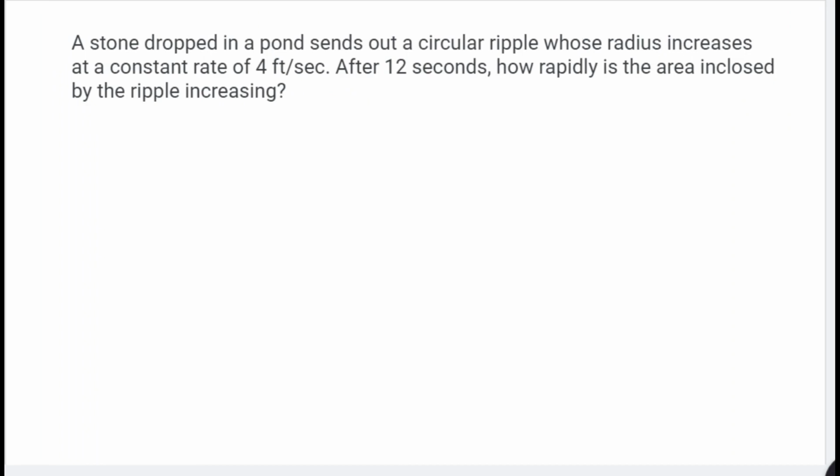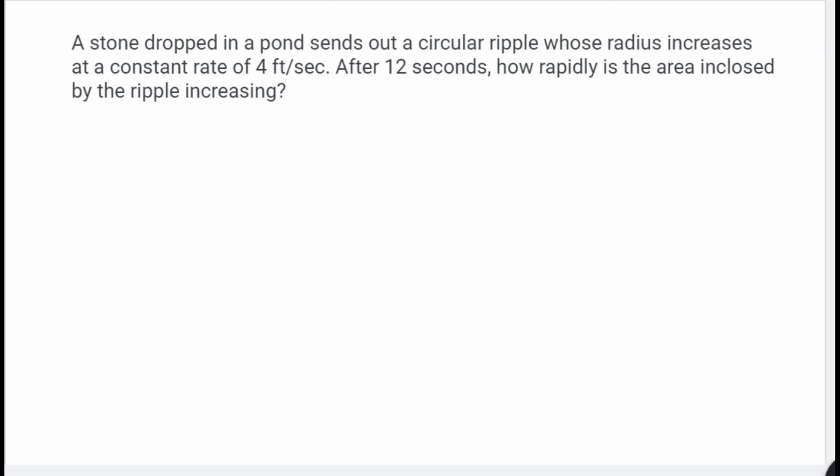Says a stone is dropped in a pond. As a result, it's creating a circular ripple whose radius increases at some rate. After 12 seconds, how rapidly is the area enclosed by the circle or ripple increasing? So what's happening?